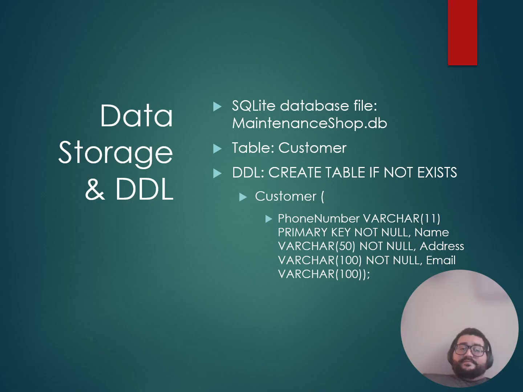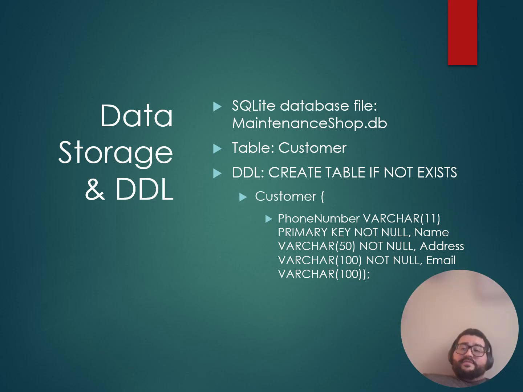So we're using SQLite for our database. This is our database right here, MaintenanceShop DB. Our table, right? That's going to be our customers. This is the way we design our SQL query to create that table. So the phone number, I have it limited to 11 digits or characters.